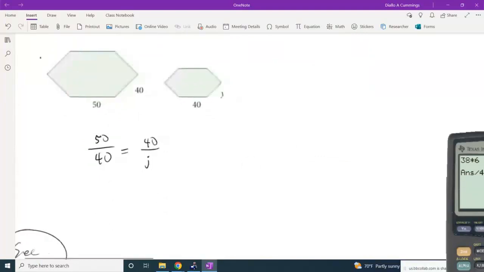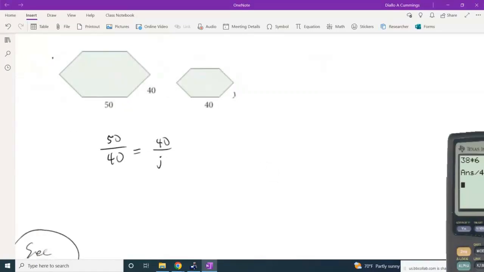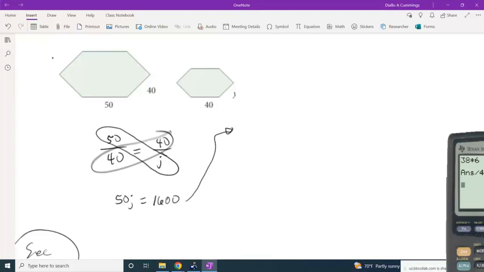So we're going to use the cross product property to multiply. So 50 times j is 50j. I'm going to set that equal to 40 times 40, which is 1600. Now we want to solve it for j. So the opposite of multiplying j by 50 is to divide by 50.